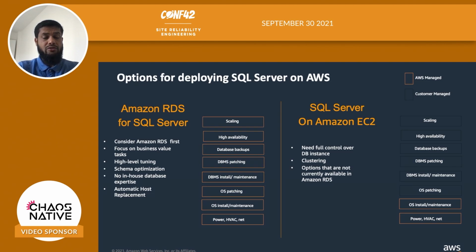What that gives you is that it releases the resources to focus on business value tasks and do the high level schema tuning or schema optimization. Currently on premises, those tasks like schema tuning will be the last thing you worry about, because you have the production issues, the patching, the backups or the space issues to tackle before you get to these tuning issues.